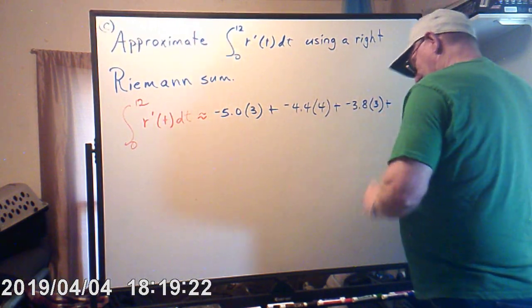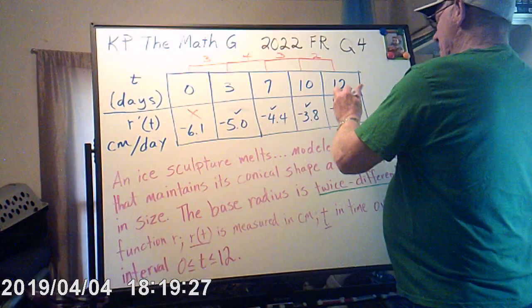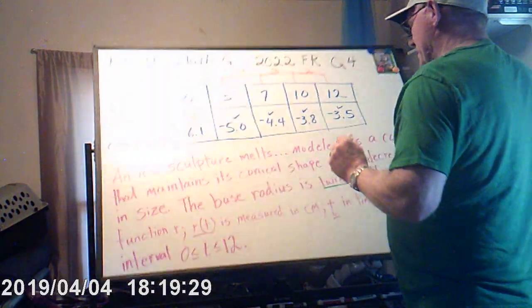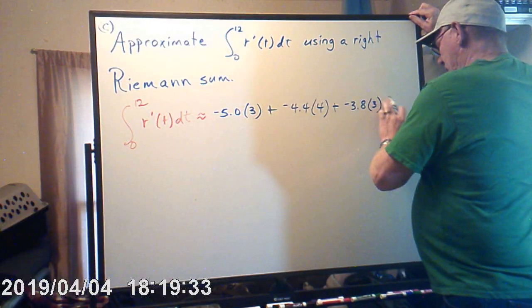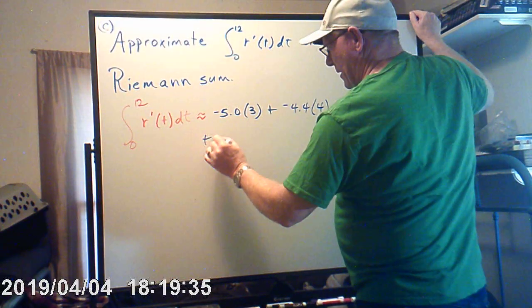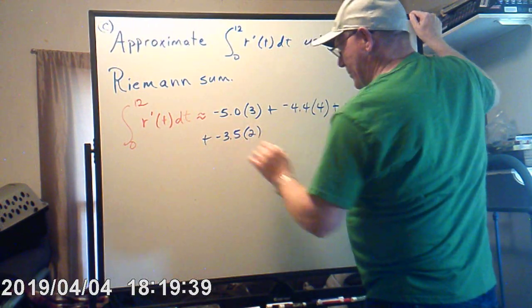And then finally, we're going to get negative 3.5 times 2. Let's put it down here. Plus negative 3.5 times 2.